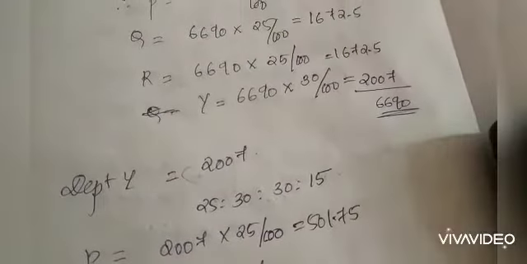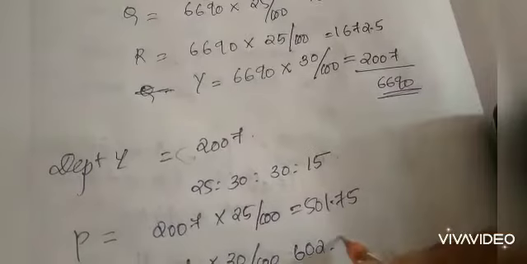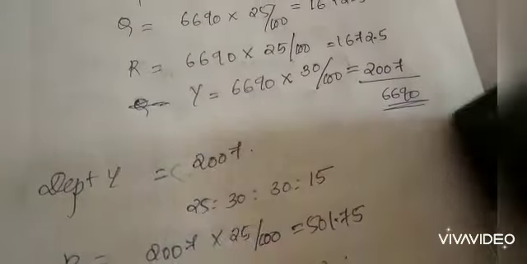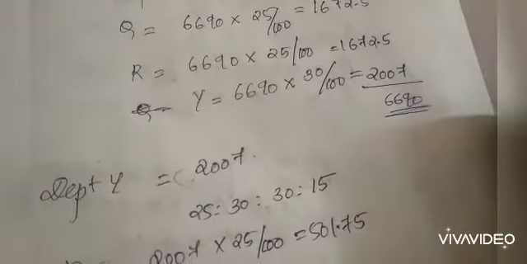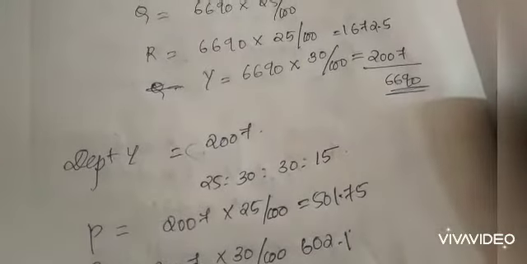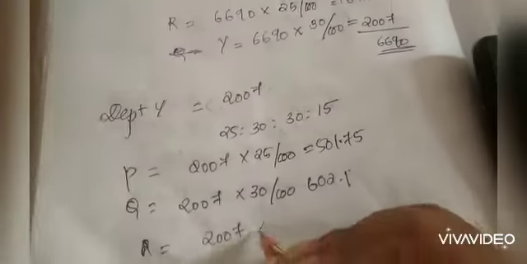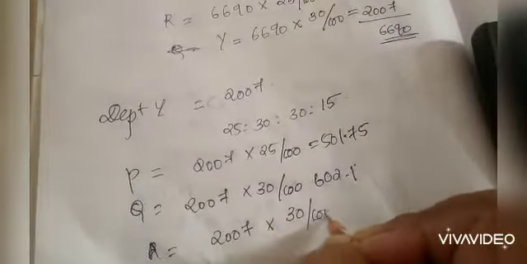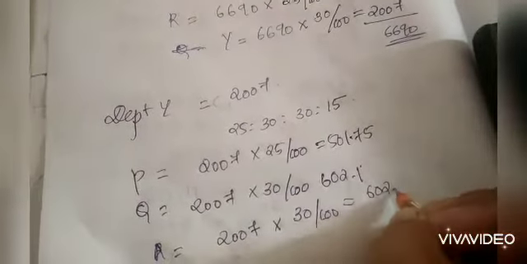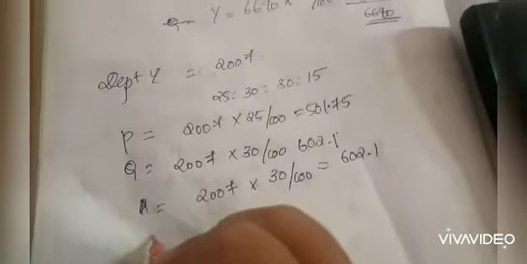We will get the value for Q as 602.1. Then in order to calculate the value of R, we have 2007 into 30 by 100, 602.1.